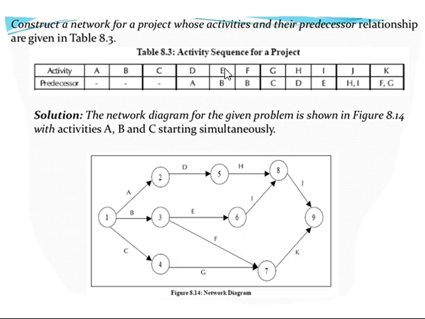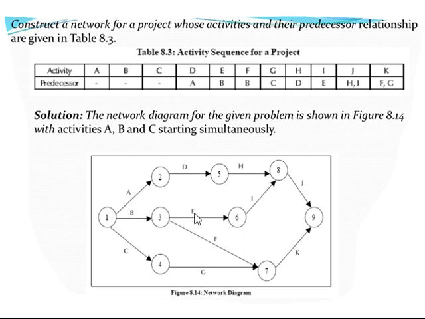Then activity E and activity F both have the common precedence relationship B. So that means there should be a burst. That means two activities are going to emerge from activity B. Once activity B is completed, exactly at node 3, from there we have a burst event.